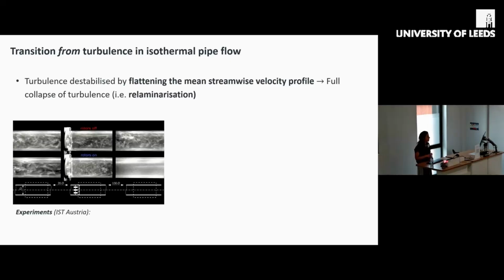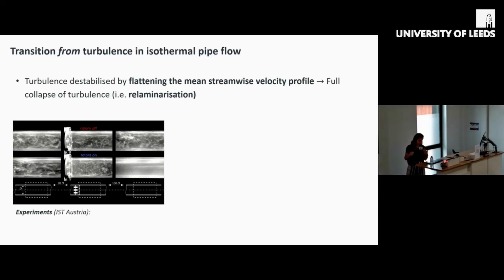So some experiments were performed recently by some of my colleagues at the Institute of Science and Technology in Austria, where I spent 2 years of fellowship. They performed experiments where they show that, quite surprisingly, by momentarily increasing the turbulence or momentarily increasing the shear, they were able to obtain a full collapse of turbulence.